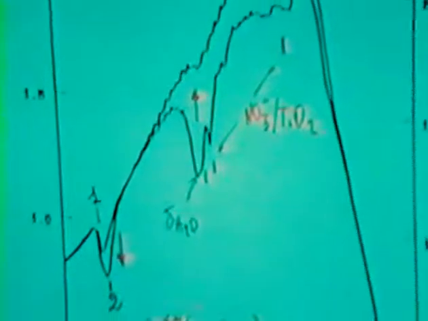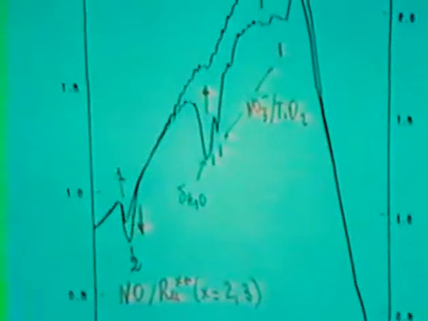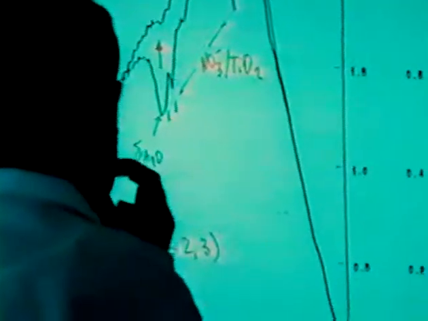I have a very nice experiment which can be interpreted, in my opinion, as an inverse spillover phenomenon. It's very clear, this is an occasional experiment. This is a sample, the number 1 curve, where ammonia is oxidized at 300 degrees.